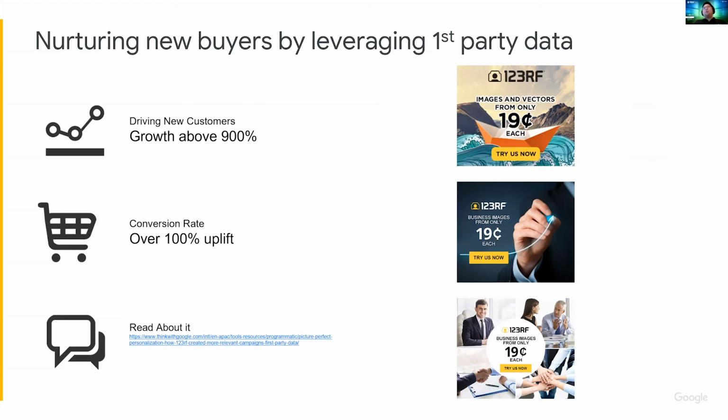Their KPI was to basically drive more new buyers to their website. But their campaign was not able to differentiate between someone who has already bought before and someone who has not bought before. And the only way you can do this is if you take the time to onboard additional data that allow you to differentiate between an existing buyer and someone who's new.